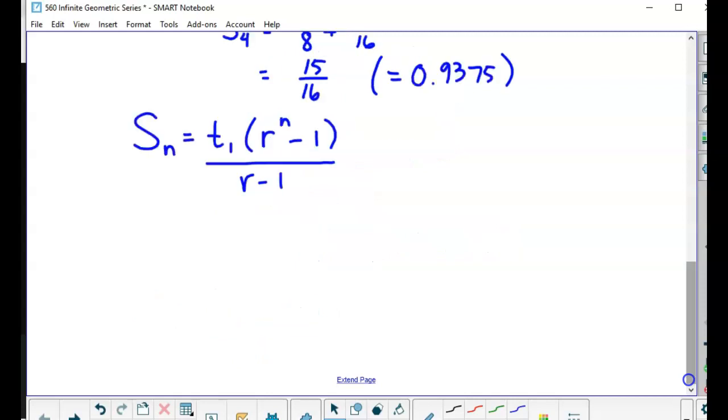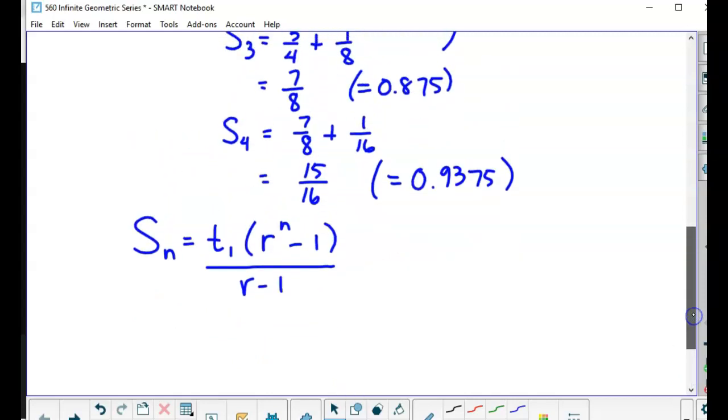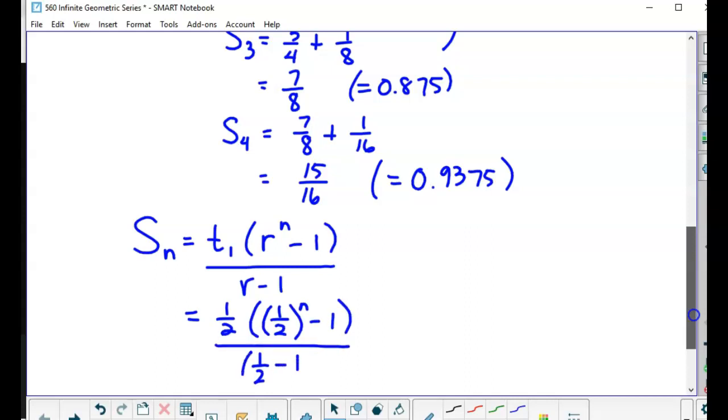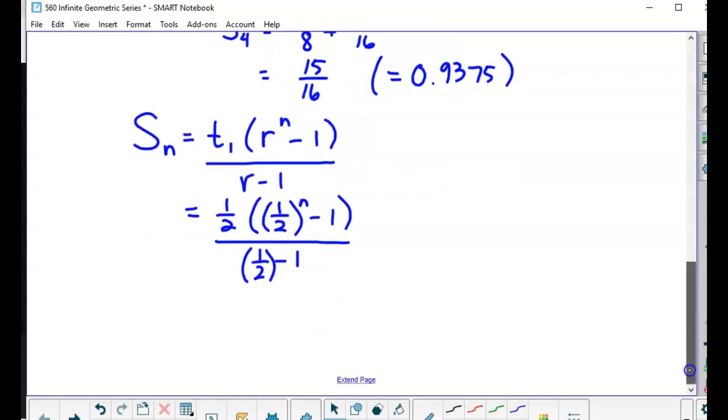Okay, so now if we put in the values that we do know, our first term was 1/2, our common ratio was 1/2. If you simplify this, 1/2 minus 1 is negative 1/2, right?